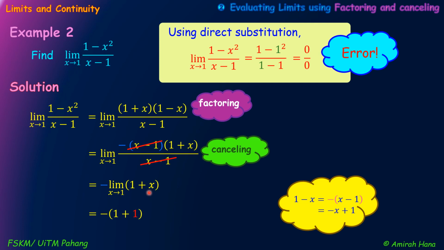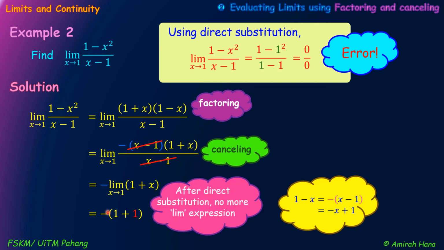So we use direct substitution, and we get this. We just replace x with 1 here. But we still have the minus sign in front. And remember, after direct substitution, there is no more limit expression.